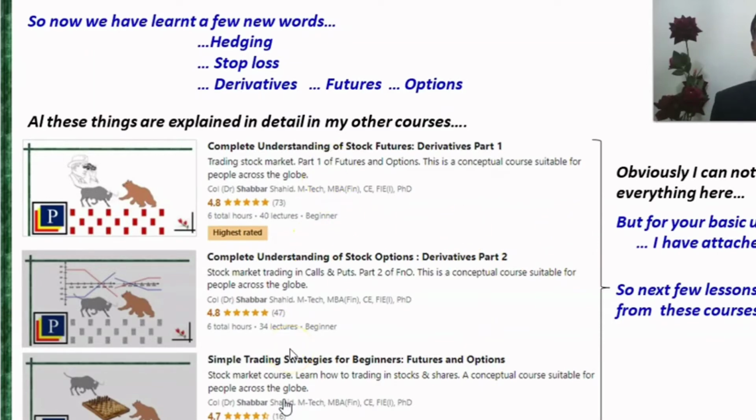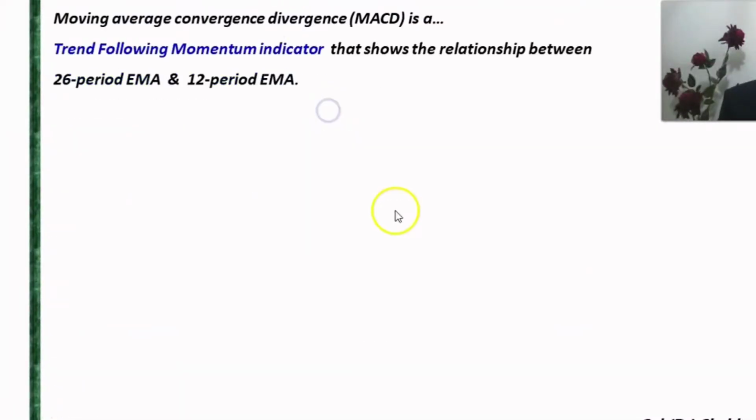I have not reframed or re-recorded them. I have just taken an extract from there and inserted it here for the sake of giving you some basic knowledge. Alright, let us see one more technical indicator, and that is MACD, or the moving average convergence divergence.